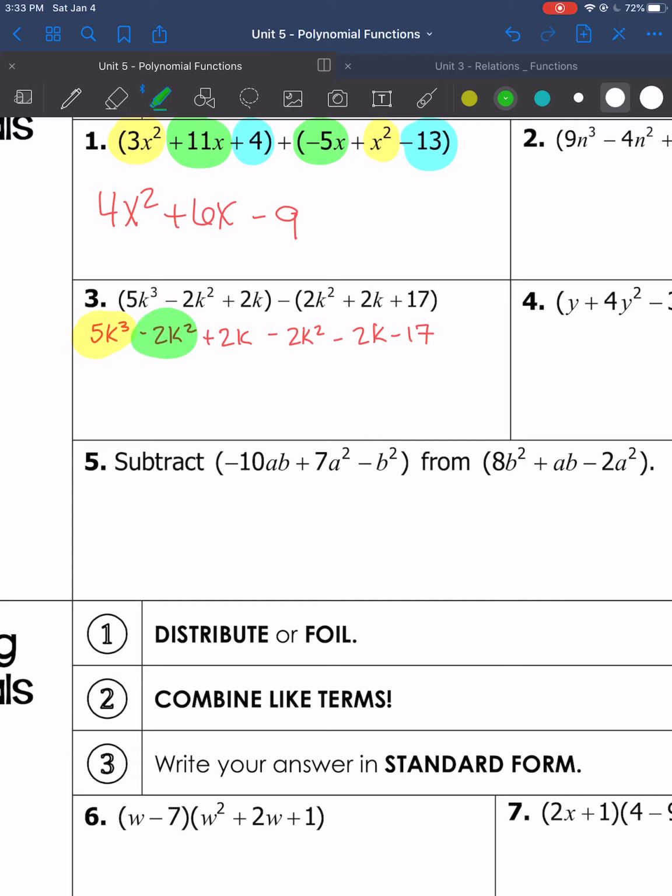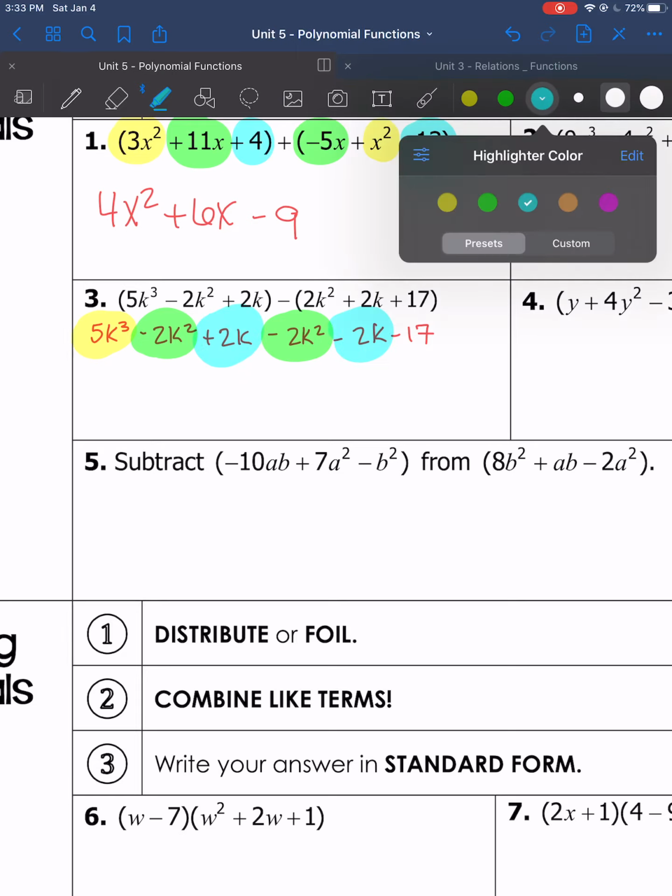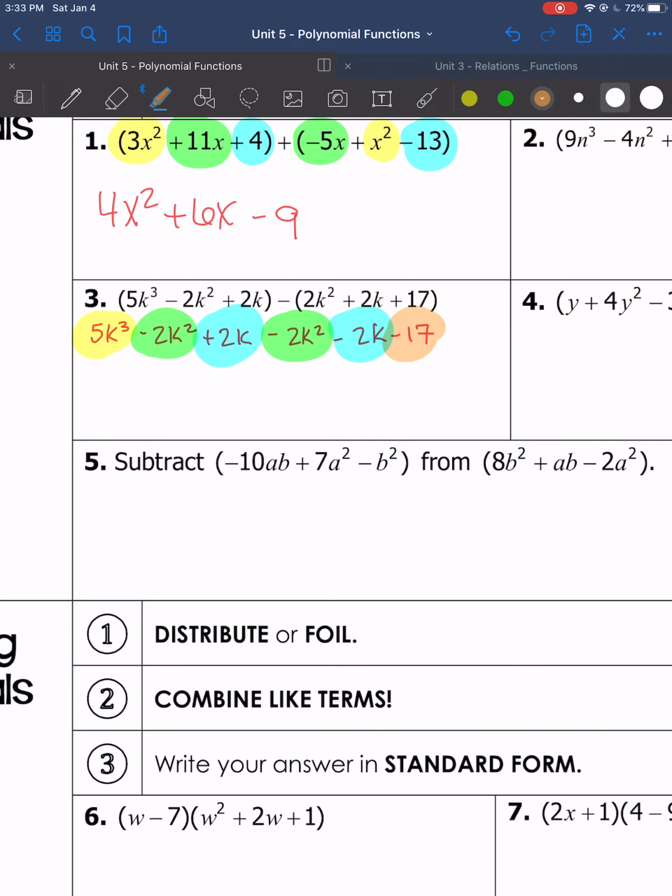So there's k squareds, and here's my k's, and there is my constant. Alright, so I have 5k cubed, I have negative 2k squared, and negative 2k squared gives me negative 4k squared. My 2k's go away because I have a positive 1 and a negative 1, and I'm left with a negative 17.